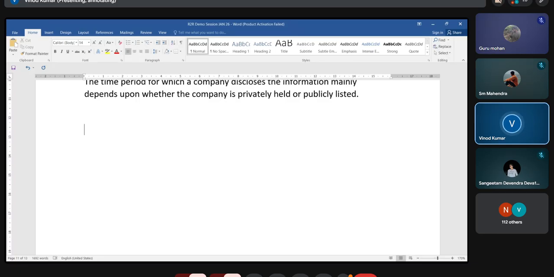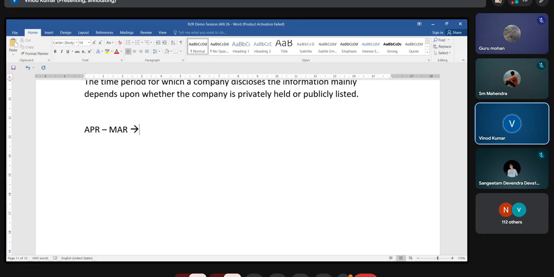Every company, from a startup to an MNC, has to submit its financial statements and financial returns to the government on a yearly basis, according to the financial year, guys. In India, we mainly follow the April to March financial cycle.